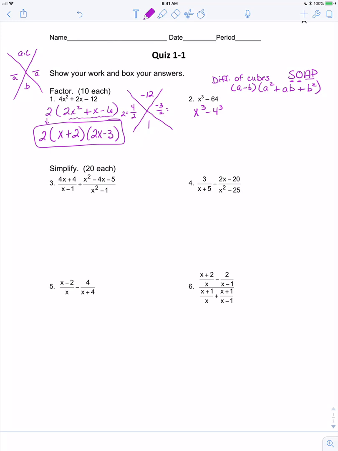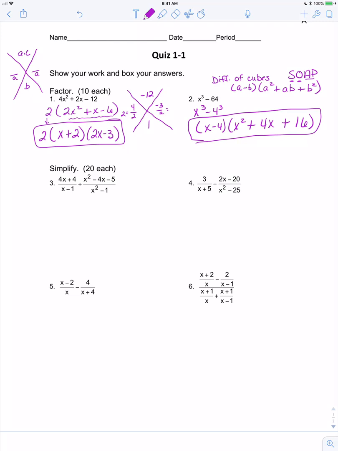And our a in this case is x, the b is 4, so that should be x minus 4. And a squared, which is x squared, plus a times b, so that's 4x, plus b squared, b is 4, so 4 squared is 16, and that is how you factor the difference of cubes.